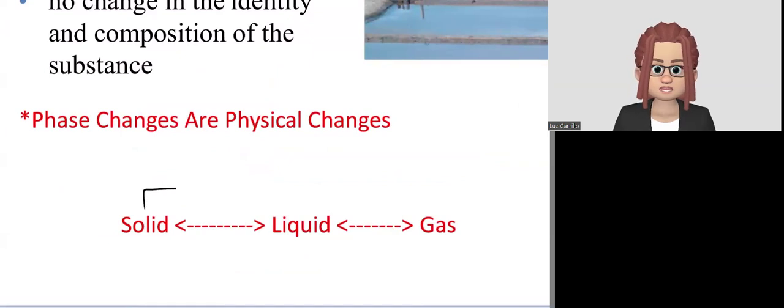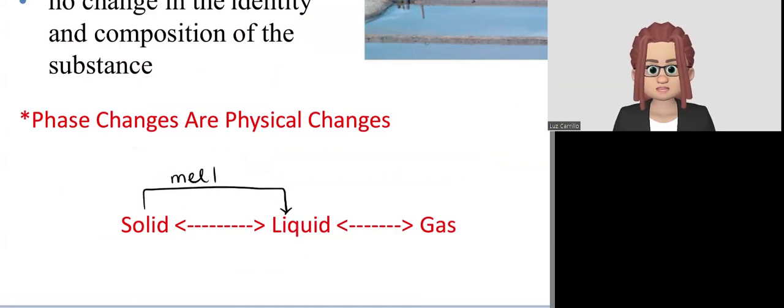When a solid turns into a liquid, we call that melting. When a liquid turns into a gas, that is called evaporation.